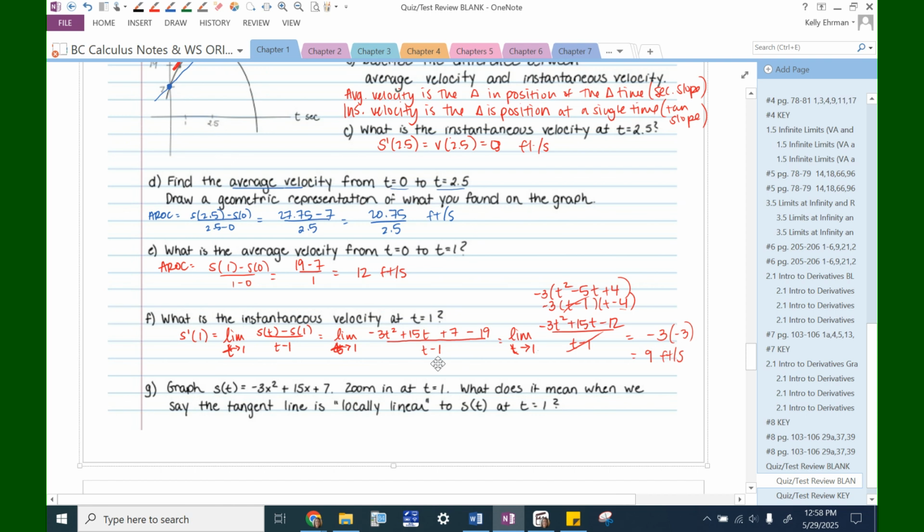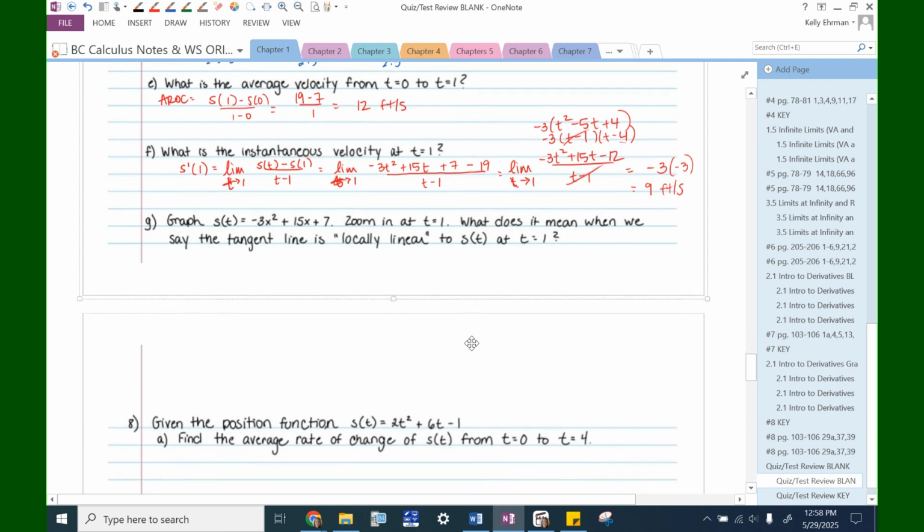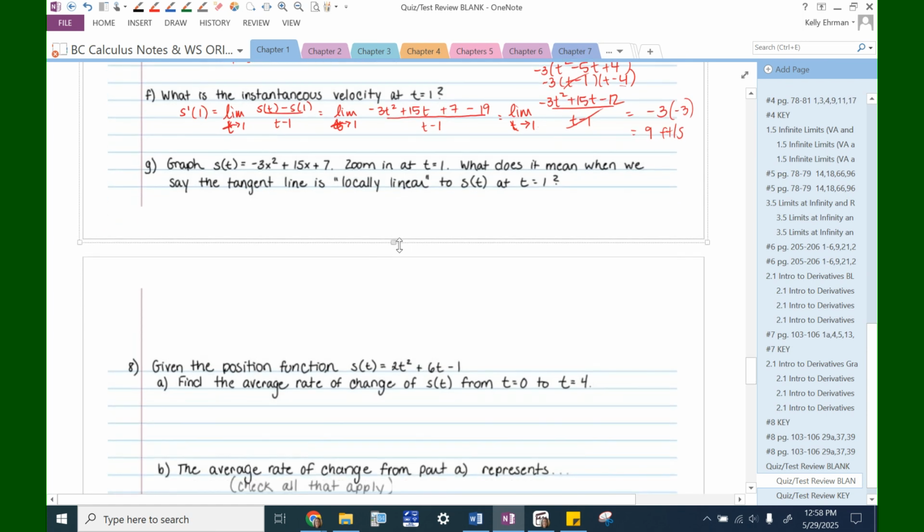Okay, so I'm not going to write what all of that means, but I'm sure I have something posted. But yeah, as we zoom in enough, the graph looks linear, so we say it's locally linear at that point.